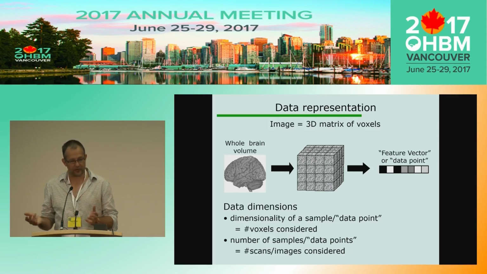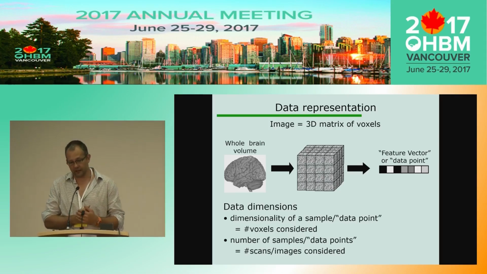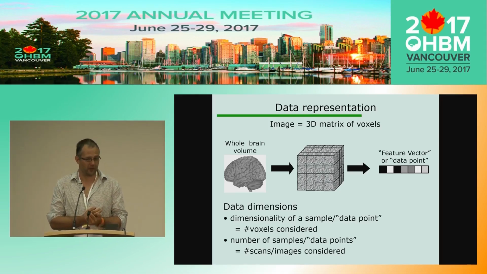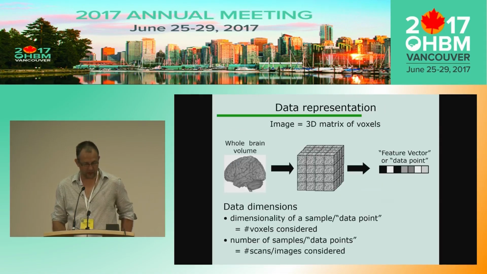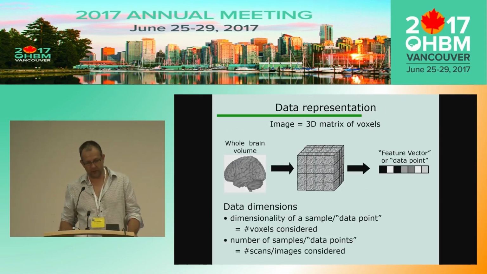Now, the number of samples, that is the number of data points, that's the number of scans or images that you're considering, and typically that's less than 1,000. So you have here a difference in the dimensionality of a data point versus the number of the data points. And I'll get to that afterwards because that can be a bit of a problem.